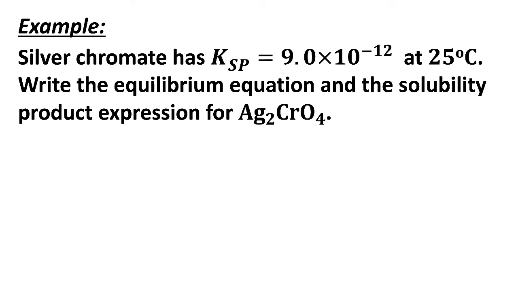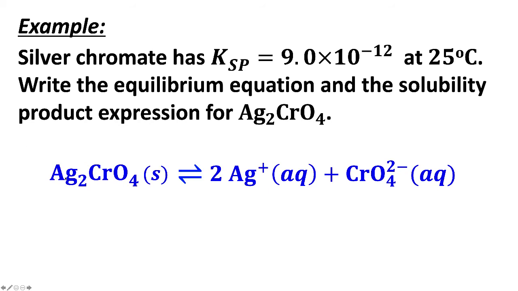Now let's take a look at an example of how this would play out. So silver chromate has a K sub SP of 9.0 times 10 to the minus 12th at 25 degrees Celsius. Let's write the equilibrium equation and the solubility product expression for silver chromate. Well, what we do for the equilibrium equation is we write silver chromate on the left as a solid, Ag2CrO4 solid, and then a double arrow for equilibrium, and then it dissociates into 2 silver plus 1 charged ions and 1 chromate, CrO4 minus 2 charged ion.